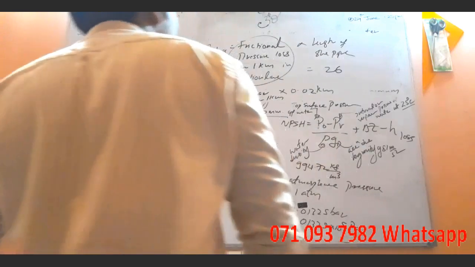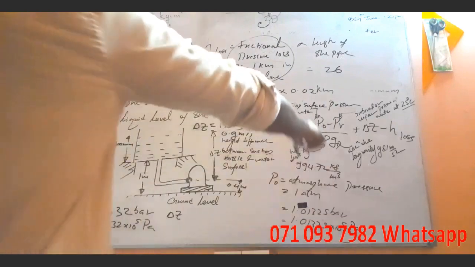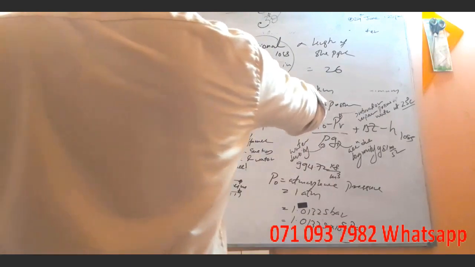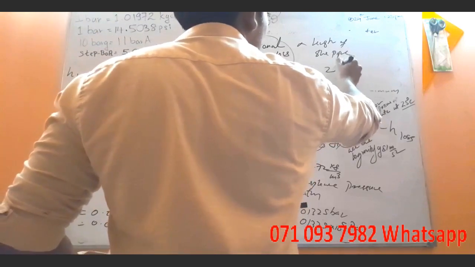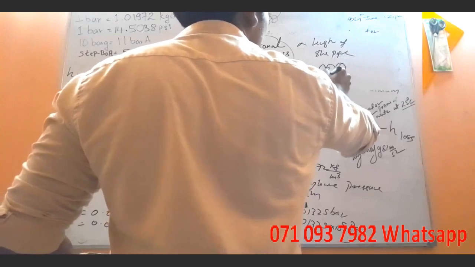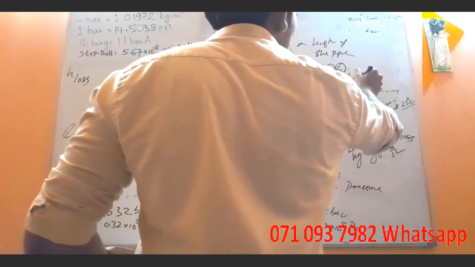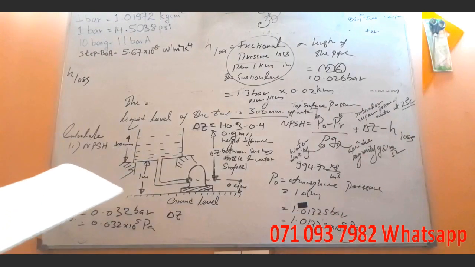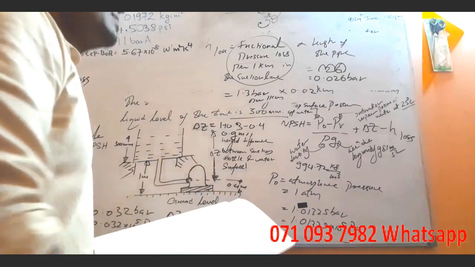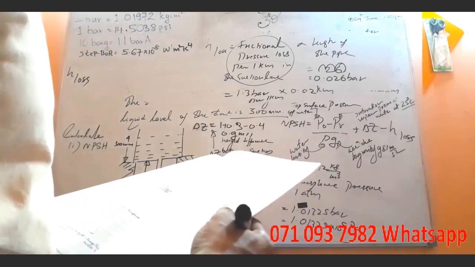We know that 13 multiplied by 2 is 26. How many decimals do we have to consider? 1, 2, 3. That means the answer is 0.026 bar of head loss.